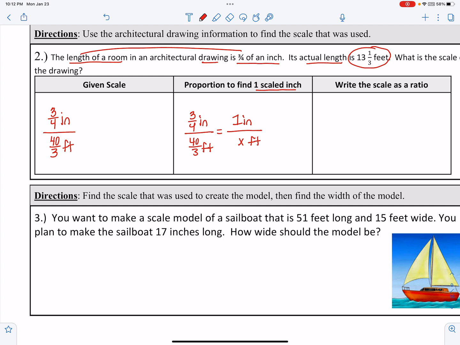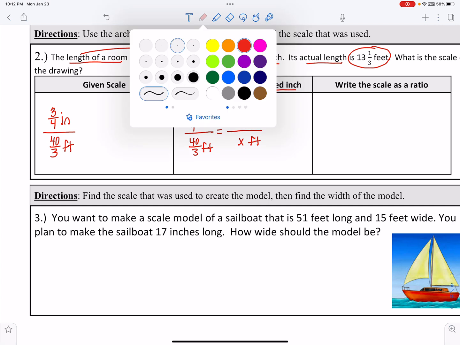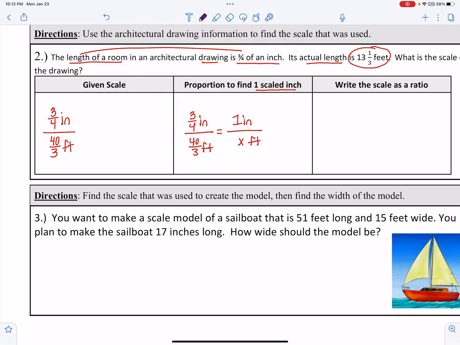So again, we can cross multiply if you want and do the means and extremes method, or you can just look at your 3/4 and ask, how do I create one whole? 3/4 divided by 3/4 is going to make one whole. So I can do 3/4 divided by 3/4 over 3/4 and create an equivalent fraction.